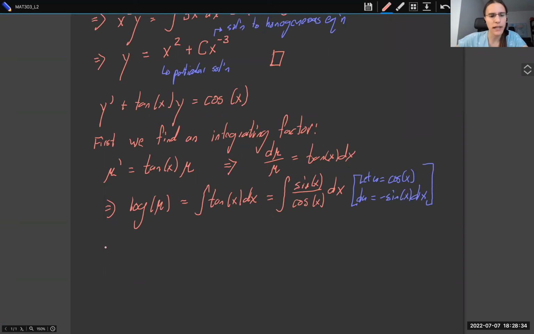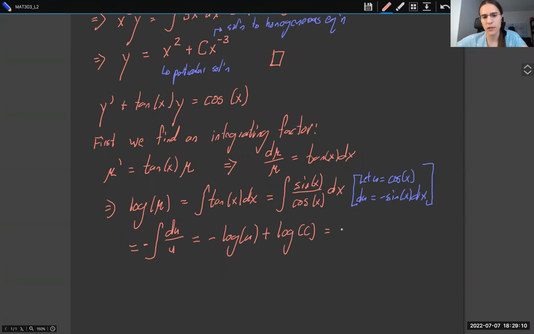And how do I rewrite this in terms of u? It's the integral of 1 over u. Oh, well, minus 1 over u. Yeah, I'm going to put the minus sign up front. And okay, this we're happy with. And then we'll add the constant as log c.